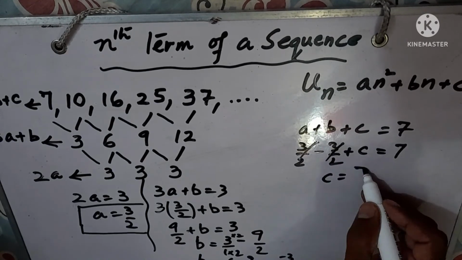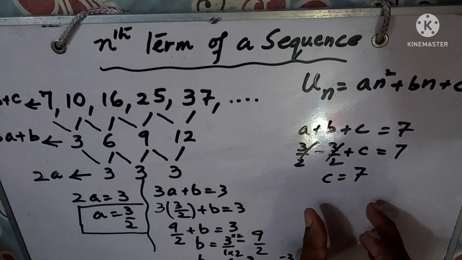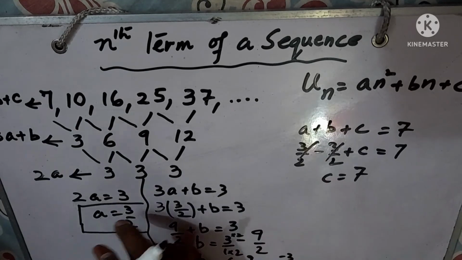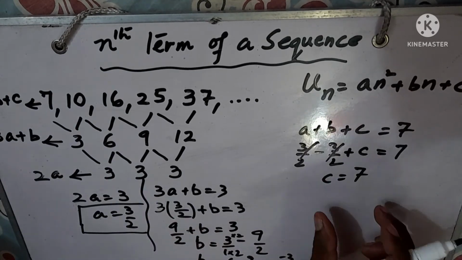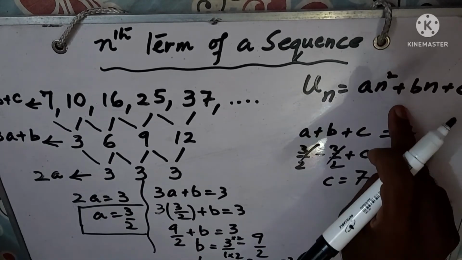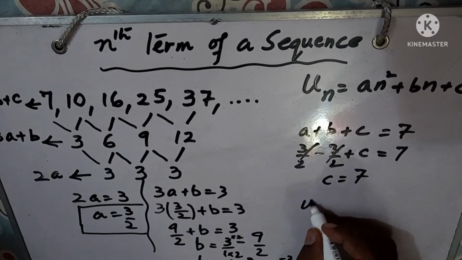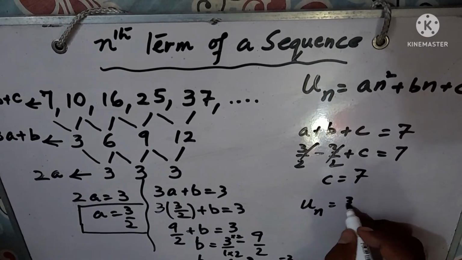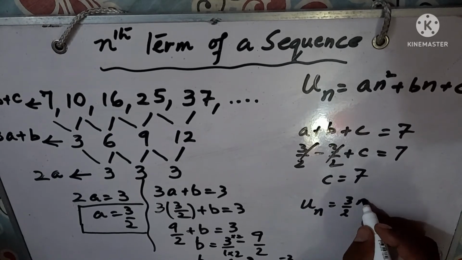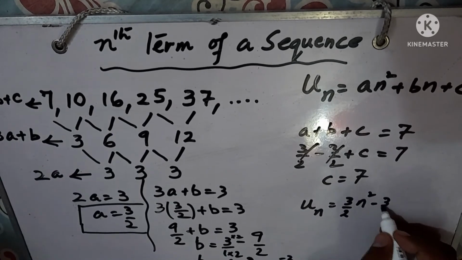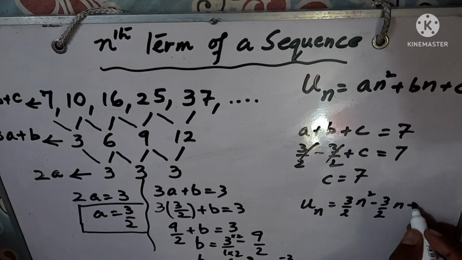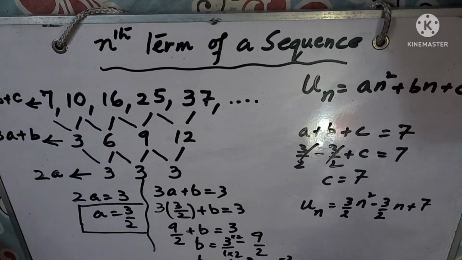So my c is 7. Once I have my c value, a value and b value, I will substitute these values in my formula to calculate the nth term. So let's do that. Un equals 3 upon 2 n square minus 3 upon 2n plus 7.